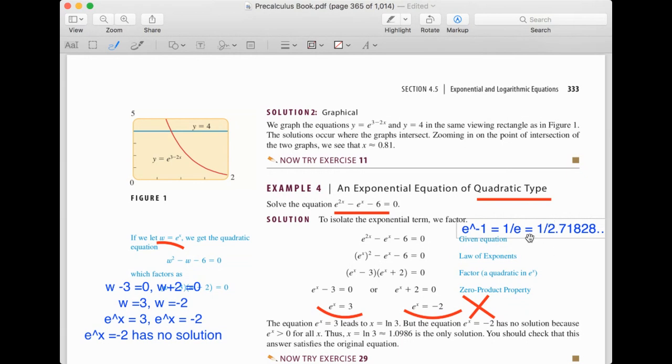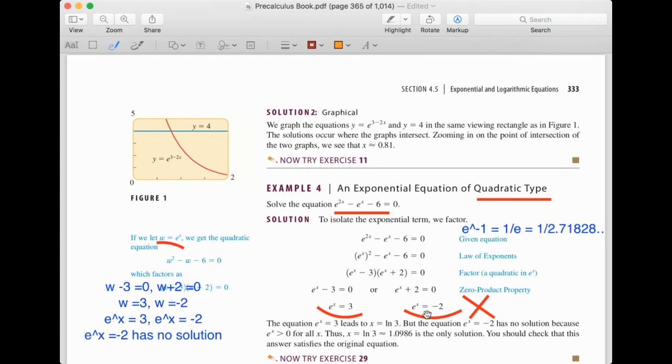It's never negative. E raised by a negative number is still a positive number. Or e raised by a positive number, a positive number. E raised by 0 is 1. So e raised by any number will always be a positive number. Does it make sense?